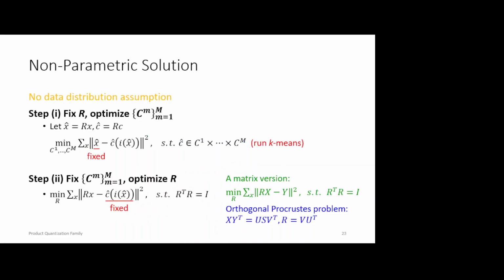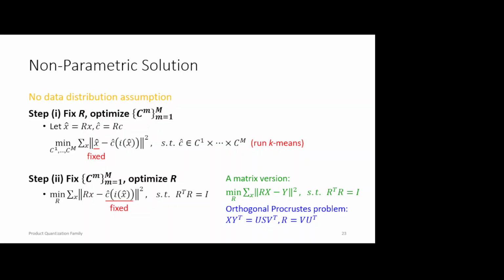So first we check the non-parametric solution. In the non-parametric solution, there's no data distribution assumption, so we just solve it. To solve it, there are two steps. In the first step, we fix R, keep the rotation matrix fixed, and try to optimize your codebook.